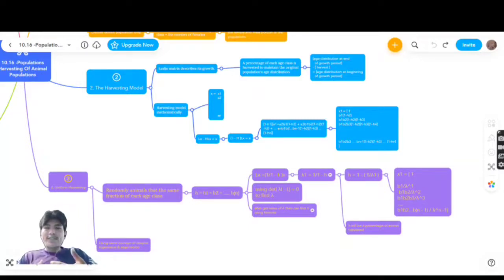And for the third one, uniform harvesting, we focus on the H class and explain the formula used to find the H as the percentage of animal harvesting. Both the harvesting model and uniform harvesting use the concept of the eigenvalue and eigenvector.